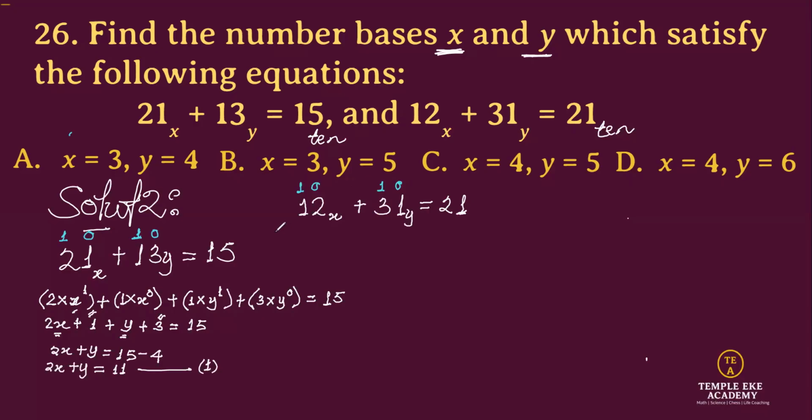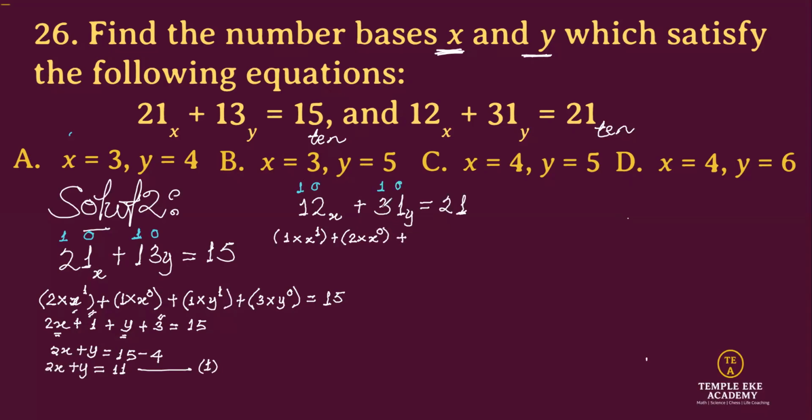So we take the first digit here, and that is 1, multiplied by the base x, raised to the power of the number written on it, which is 1, plus the next digit, which is 2, multiplied by the base x to the power 0 on it.